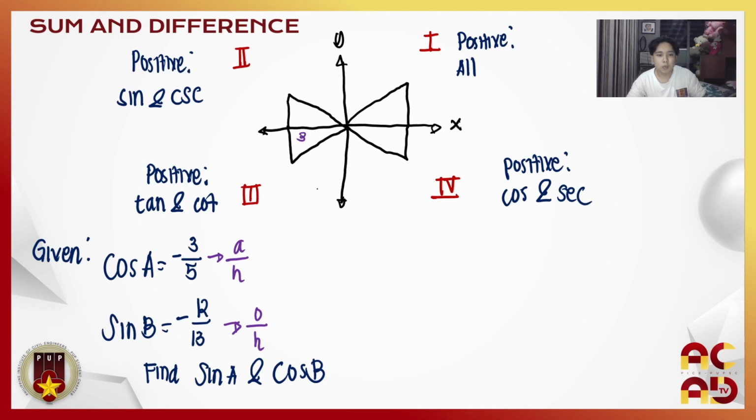And then, yung hypotenuse natin na 5. And then, dito naman sa sine B, which is nasa quadrant 4, ang opposite natin is 12. And then, yung hypotenuse natin na 13. Ayan. So, in order for us to find the value of sine A and then cosine B, we will use the Pythagorean theorem.